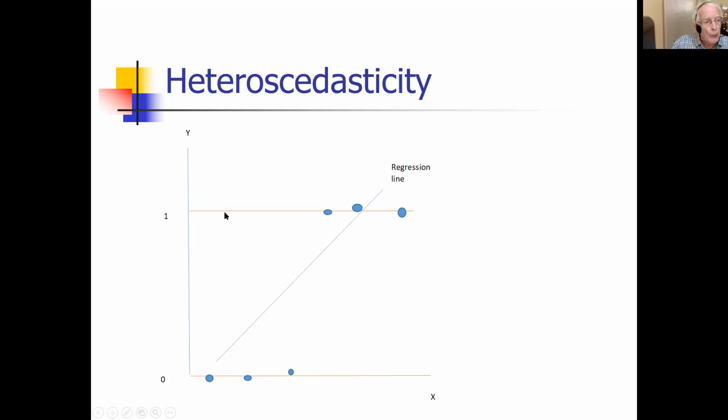So all the dependent variable values are occurring either on this line or this line over here. Now, let's say that the blue dots represent our actual values of the dependent variable. We have 6 observations here. And we estimate the blue regression line.